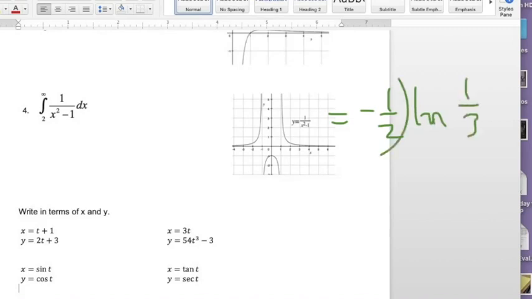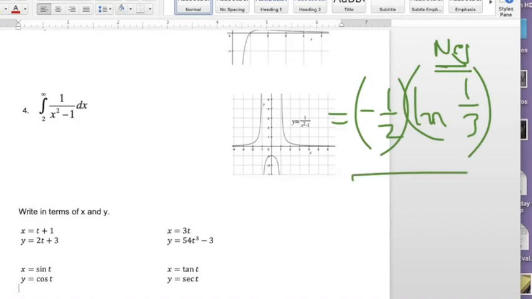Negative 1/2 is a negative number. The ln of 1/3 is also a negative number. So it is going to come out to a positive, albeit messy, positive number. Again, the answer ends up being -1/2 ln of 1/3.